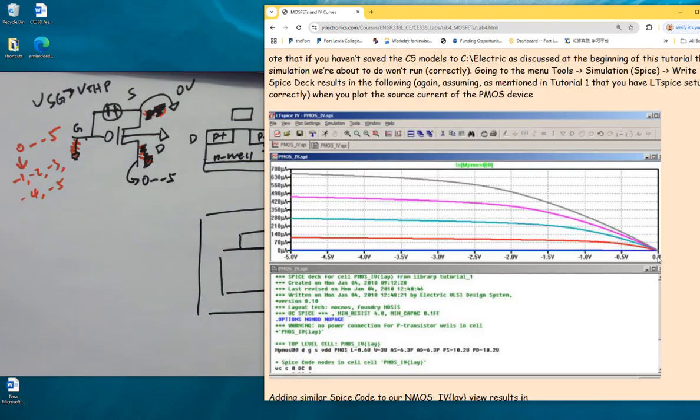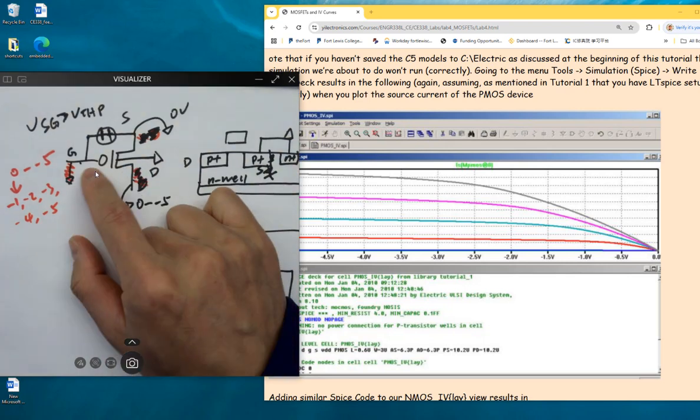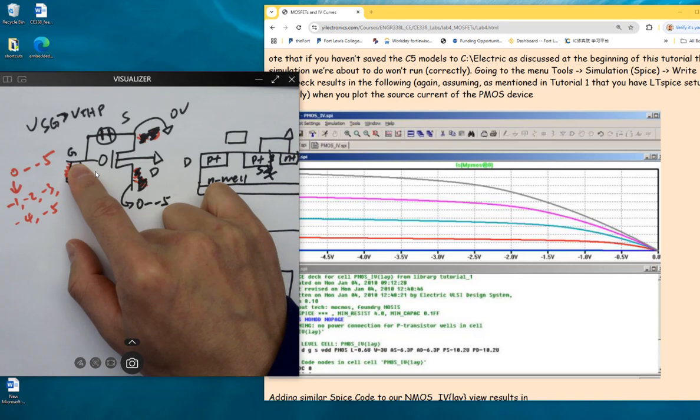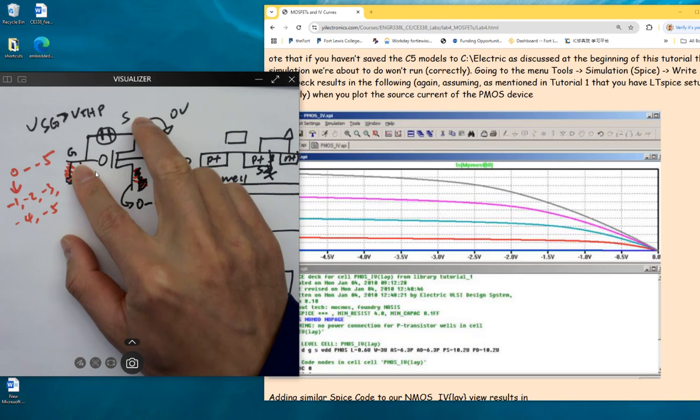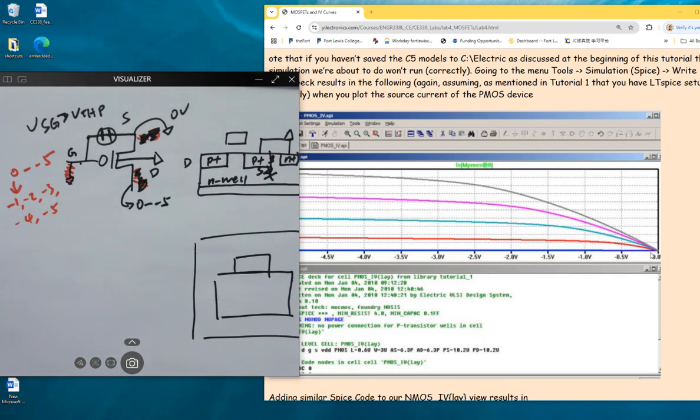So, for example, if it's 0 volts for the gate, what's going to happen? Just look at this one, 0 volts for the gate. It's closed because there's no drop between S to G. And that is why there's no current.